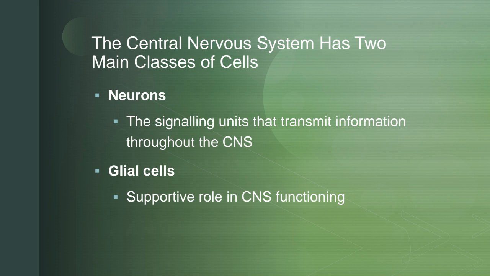We've got neurons and we've got glia cells. Neurons are the basic signaling cells that transmit information throughout the nervous system. Neurons are the cells that send those electrical signals, send those action potentials, release those neurotransmitters.